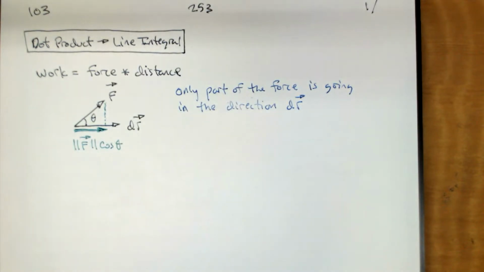So we're going to multiply that horizontal component of the force, or sorry, it's only horizontal because of the way I drew it. The component of the force parallel to dr is the magnitude of F times the cosine of theta.